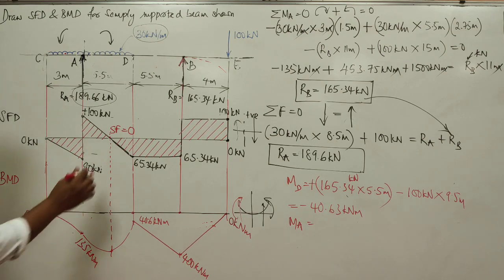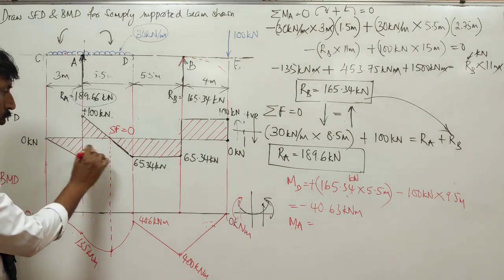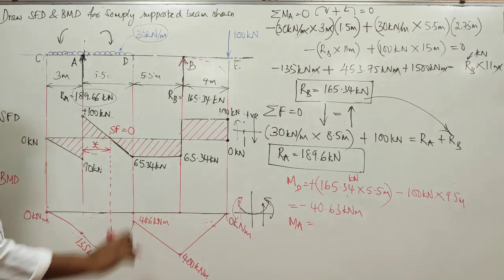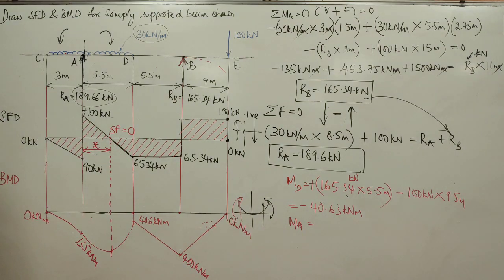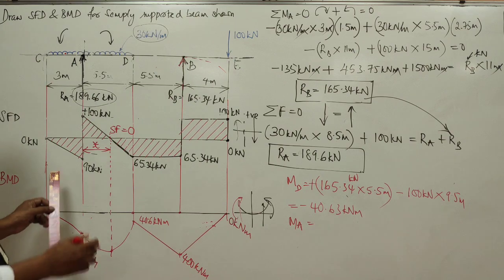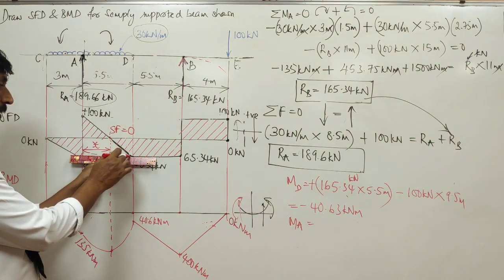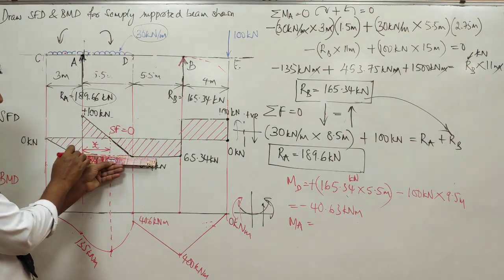So if you want to know the value at this point, first you should know the location of this point. Where is the shear force equal to 0? So what principle do you use? Similar triangles principle. Similar triangles principle you use here.